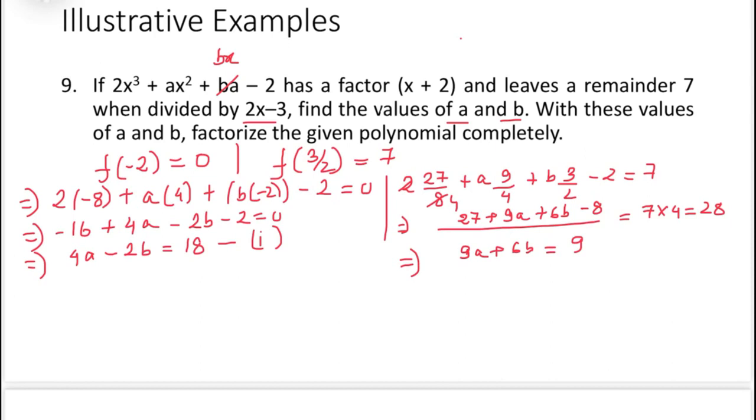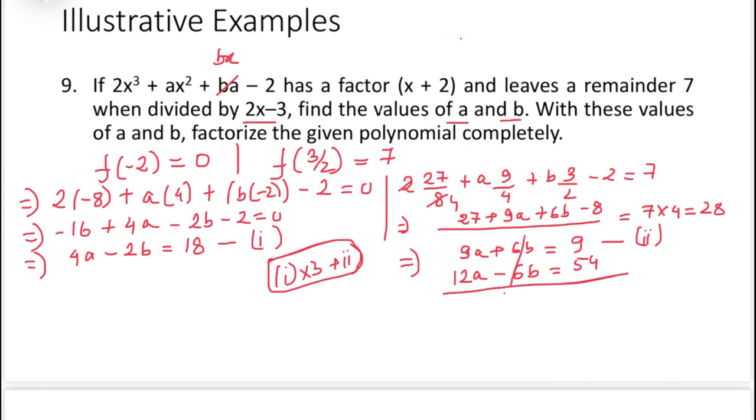From this equation we have 4a minus 2b equals 18. This is equation 1 and the other is equation 2, so what we'll do is 1 times 3 plus 2. So 4 times 3 is 12a, minus 2 times 3 is minus 6b, equals 18 times 3 is 54.